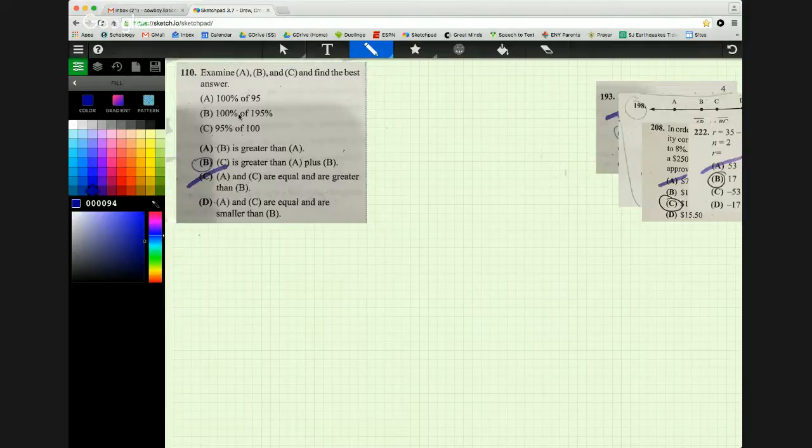So one of the key things in math is to remember that of means multiply. So if I say 50% of 10, I mean 50% times 10.